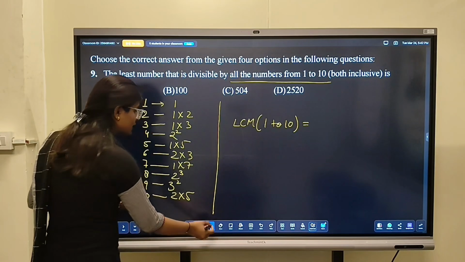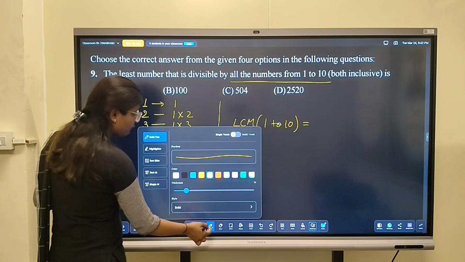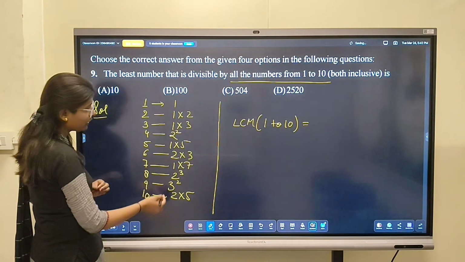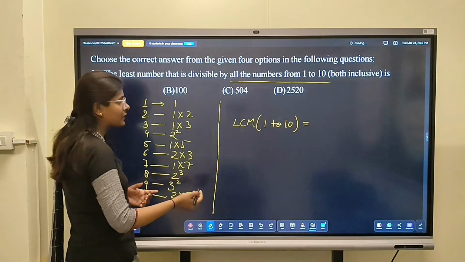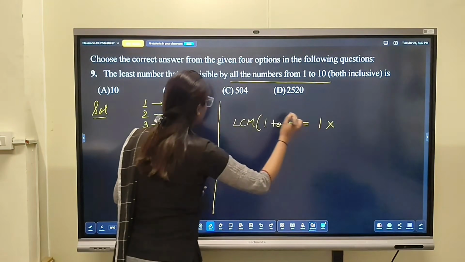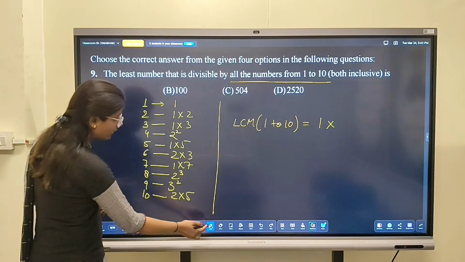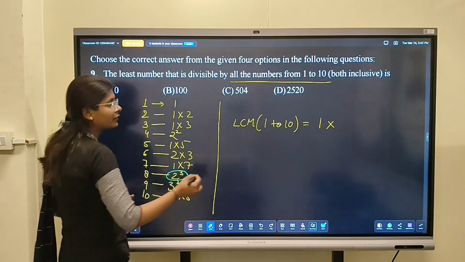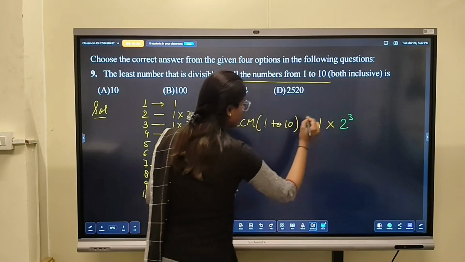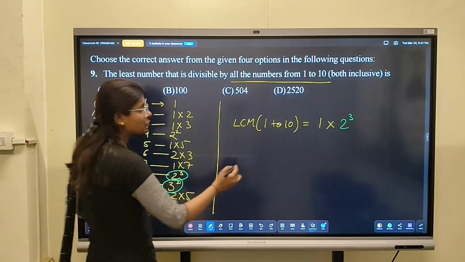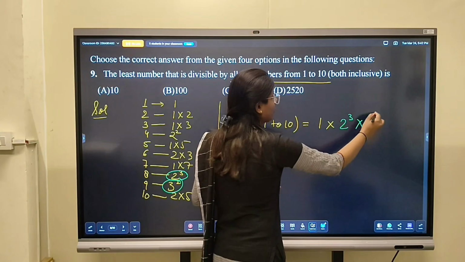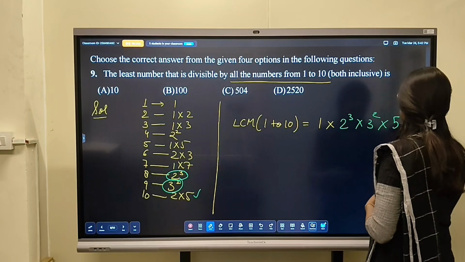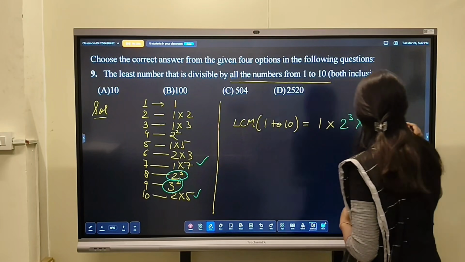Now, what is required? You need to find the highest power of every prime number. For 1, obviously you can consider 1, but that's not a prime number. Let's write it. For 2, the highest power would be 3, right? So we'll be writing 2 cube and then 3 square. For 5, you'll see that there is 1 power of 5 and 1 power of 7.